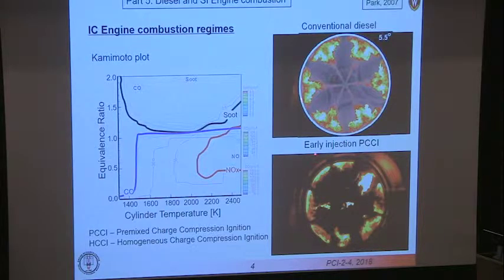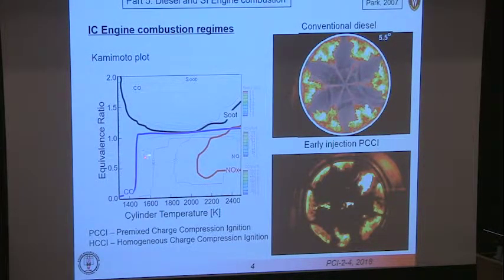For example, if I have early injection, so injection during the compression stroke, such that the ignition takes place after the fuel and the air has already had a chance to mix, I lower the equivalence ratio, and I produce much less soot. So that's what's called premix charge compression ignition. Homogeneous charge compression ignition, on the other hand, operates at one point.